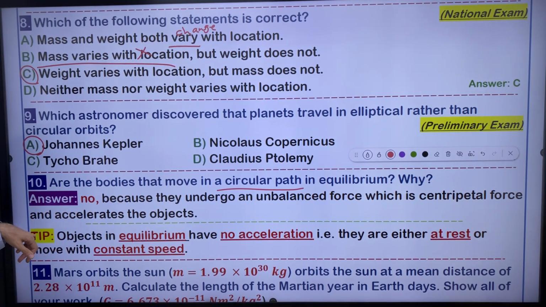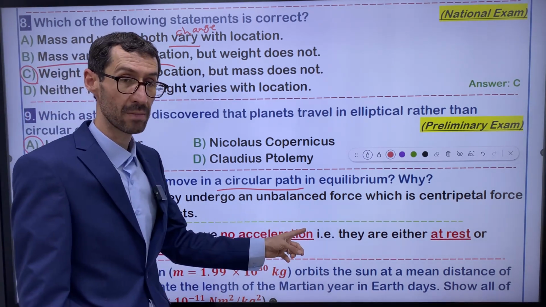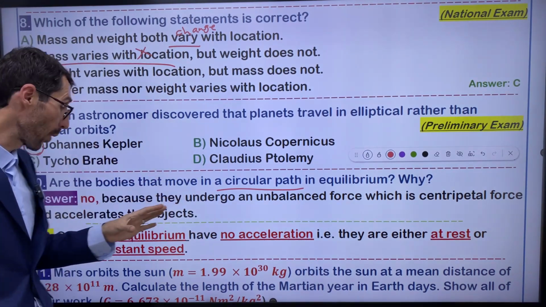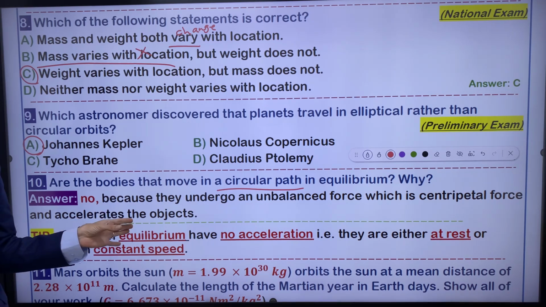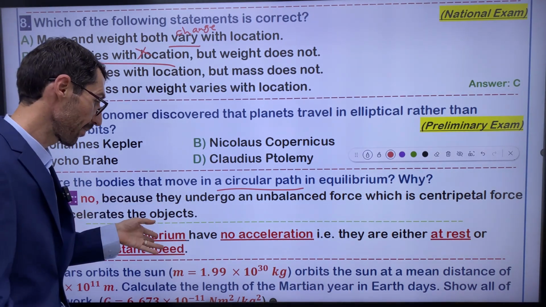That's it. I wrote a note for you for better understanding of the subject. Tip: objects in equilibrium have no acceleration. I told you, acceleration doesn't come with equilibrium. They are opposite to one another, right?